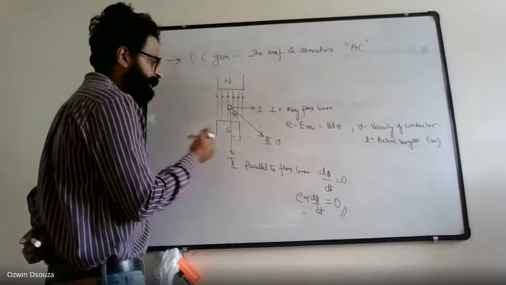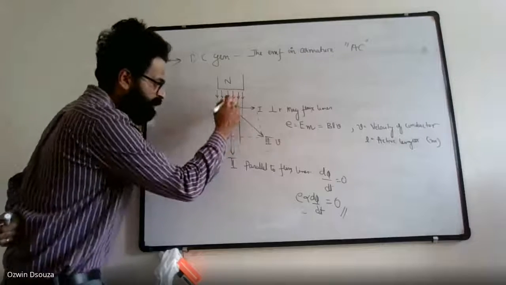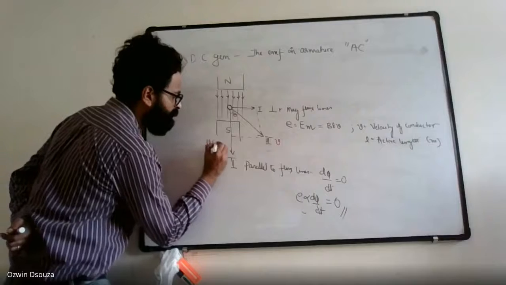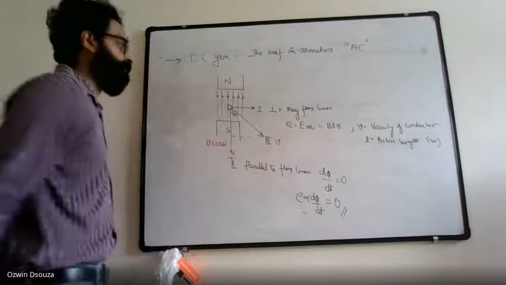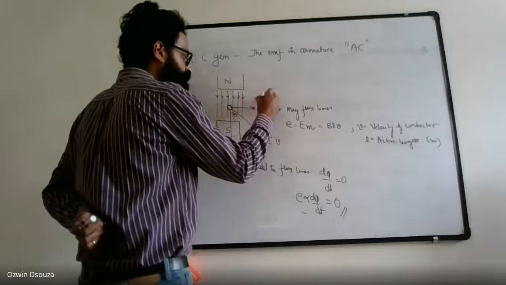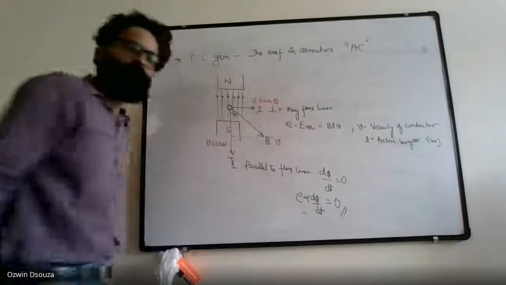Horizontal component and vertical component. So the component along direction 2 is nothing but V cos theta. And the component along direction 1 is V sin theta.